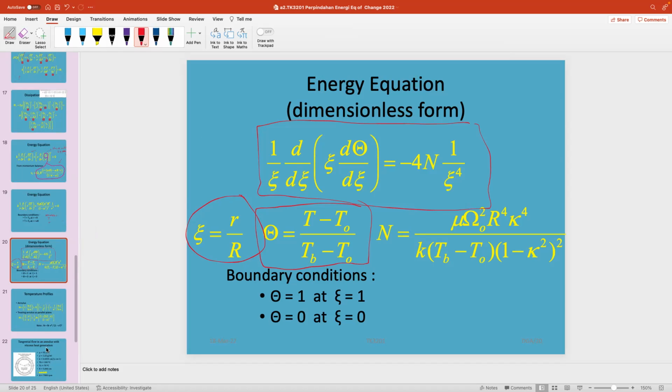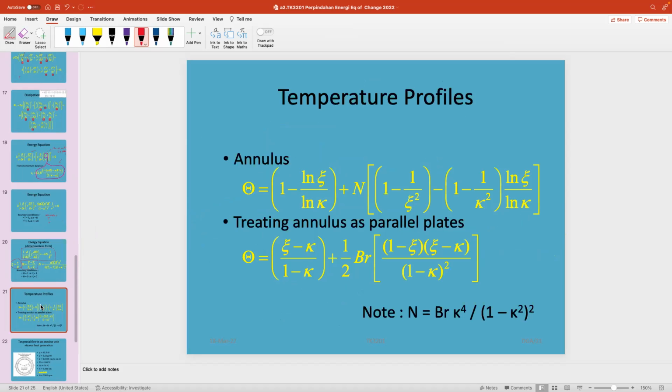Okay, and then later, when you have the temperature profiles, if you remember, in the book they treat the annulus as a parallel plate.